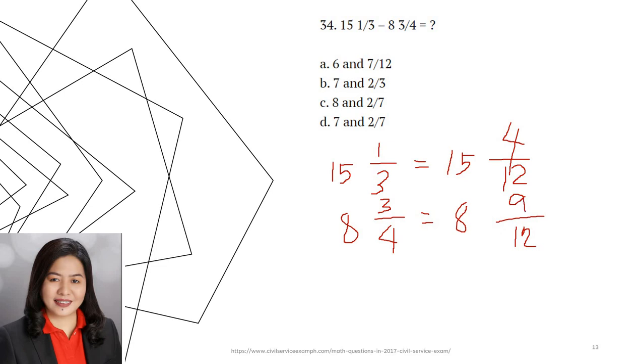No. So what we need to do is get 1 from 15. So that will give us 14, and the 1 is changed to 12 over 12, so 1 is equal to 12 over 12. I will rewrite it on top so that you will know where I got the number. So the 12 over 12, we add it to 4 over 12, then that will give us 16 over 12.